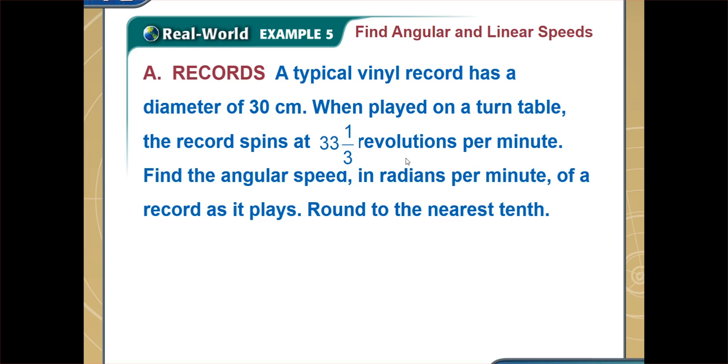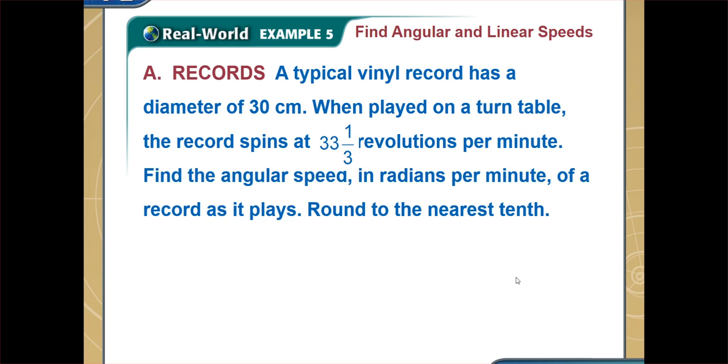Keep in mind that one rotation or one revolution is 2 pi radian. So you have to convert this 33 1/3 revolutions into radian. Find the angular speed, and we want the unit to be radian per minute, of a record at its place, round to the nearest tenth.